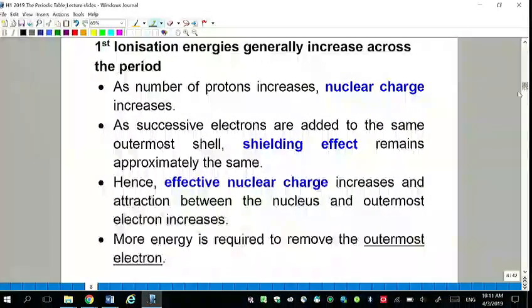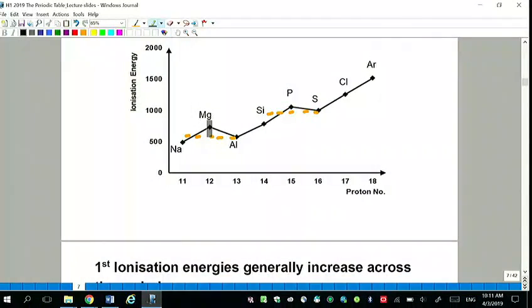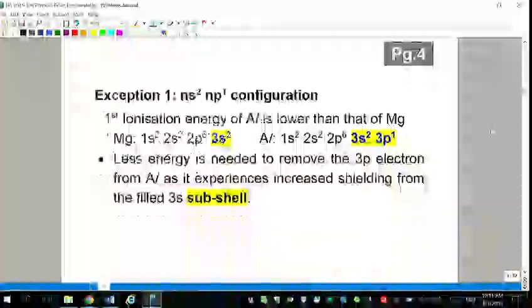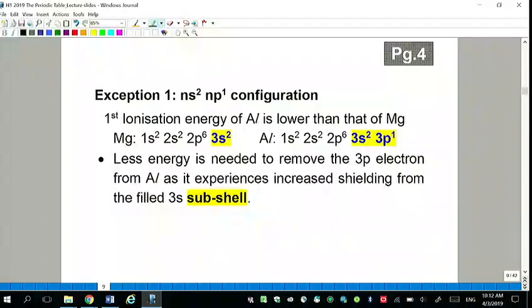Okay, then the next part is to explain the abnormality. The first one, for first IE, is between your group 2 and group 13 element. Generally, if it has an electronic configuration of ns2 np1, as compared to ns2, in this case, I have to compare between aluminium and magnesium.